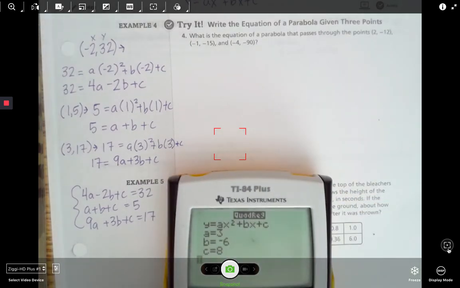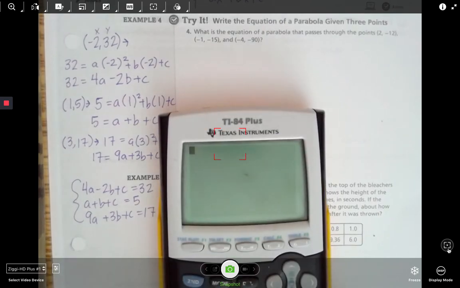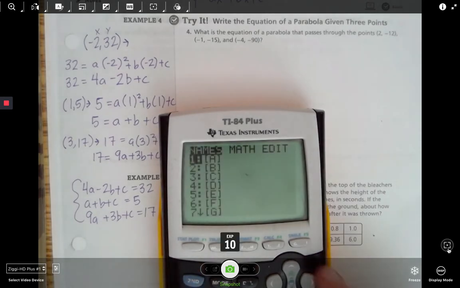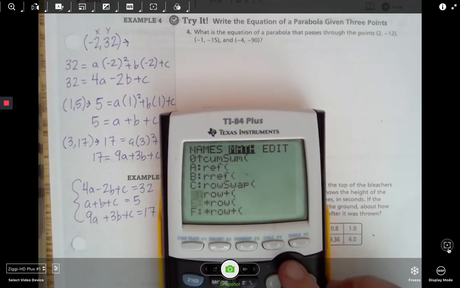Here's where our calculator is going to come into play. We're going to go to second matrix, over to math, and we're going to find that RREF that we used last week.